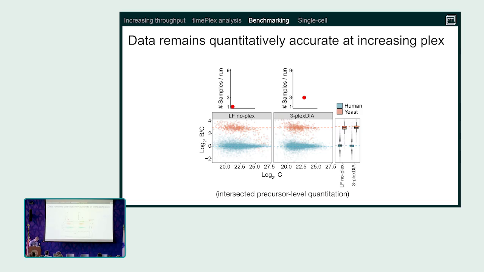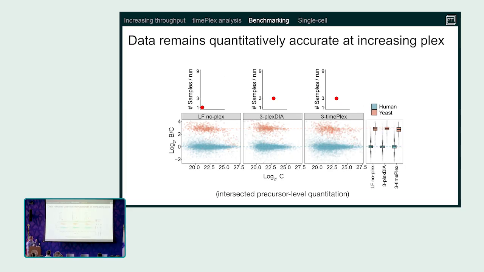All right, so now we're going to compare the different methods, the label-free no-plex and plexDIA, to these other methods. So these are the established methods that we have. PlexDIA is going to increase sample throughput threefold multiplicatively. We observe that we have very good quantitative accuracy, even by multiplexing threefold. This is what we observed a few years ago as well.